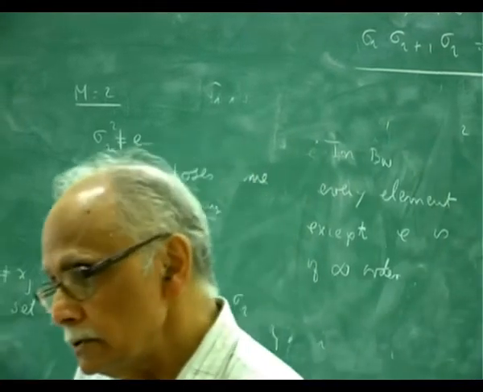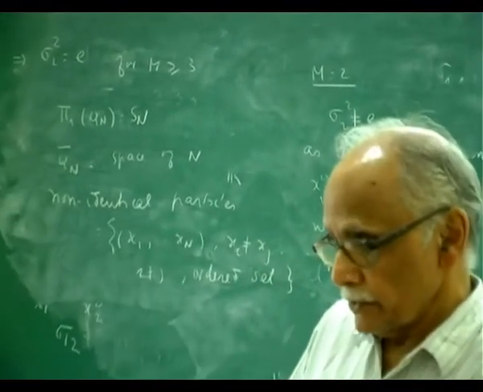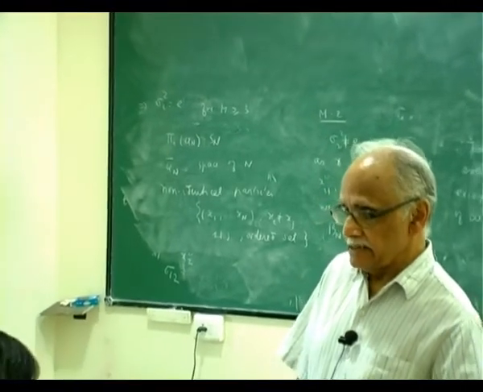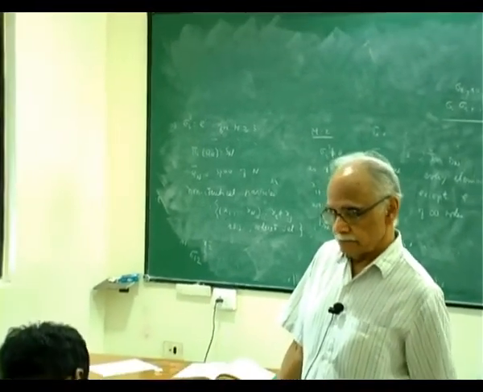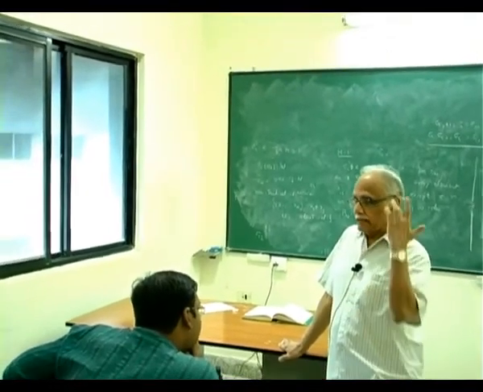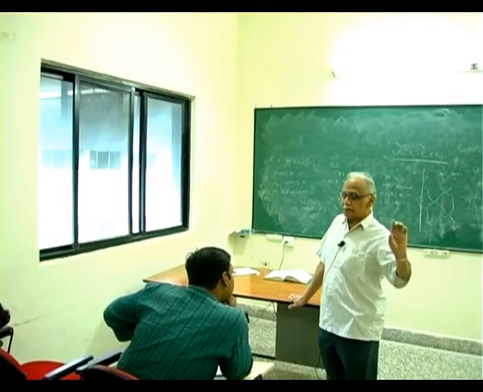How does this follow from this? This is the definition of the braid group. It is the statistics group of n identical particles in a plane. And then one proves in books that this is a huge group. Every element has infinite order except identity.